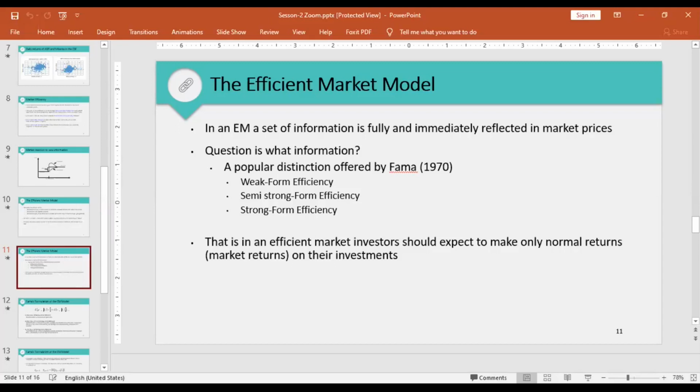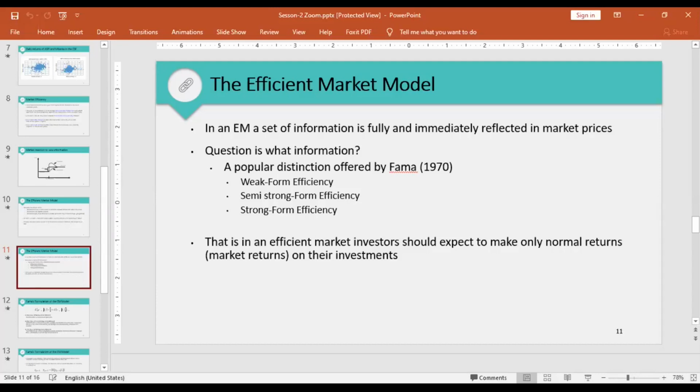That means weak form efficiency gives you the idea that the market price is already adjusted for the past information, right? If the market price is already adjusted for the past information, that market can be considered as weak form efficient. It is only adjusted to the past.